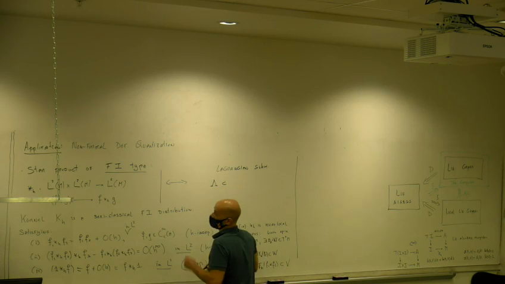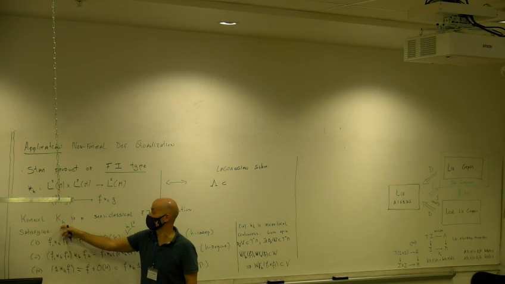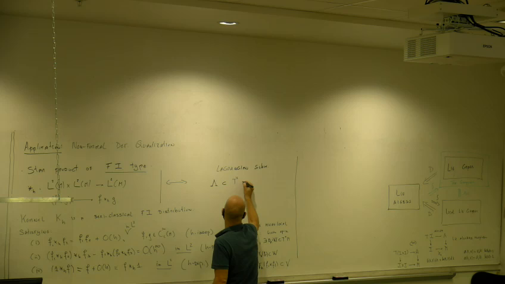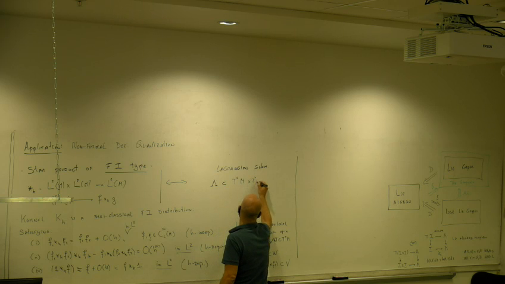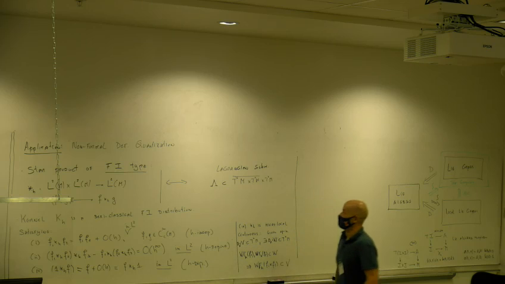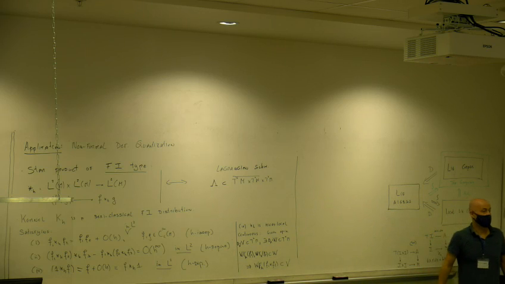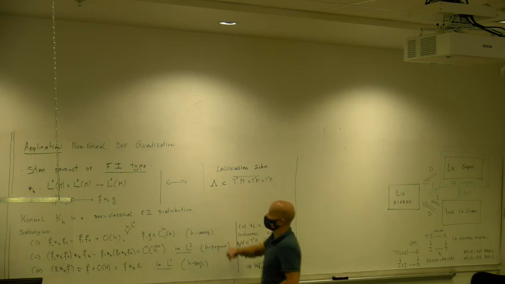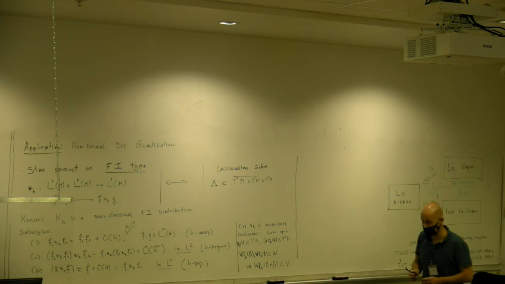Where is it contained? Because this kernel is really on N times N times N, it is contained in the cotangent bundle of N, cotangent bundle of N, cotangent bundle of N, where we change the sign of the canonical symplectic form.